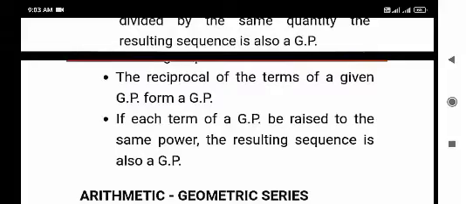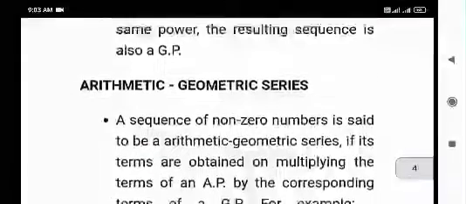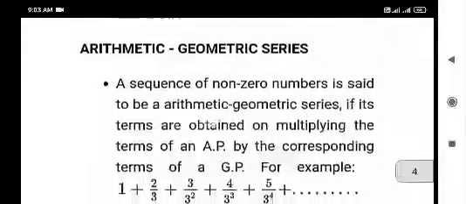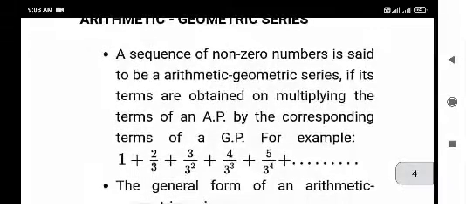Next, we are talking about arithmetic geometric series. Arithmetic geometric series means the combination of arithmetic plus geometric series. Here you see that the example given is 1 plus 2 by 3 plus 3 upon 3 square plus 4 upon 3 cube plus 5 upon 3 to the power 4. Here in the numerator 1, 2, 3, 4 is an AP.